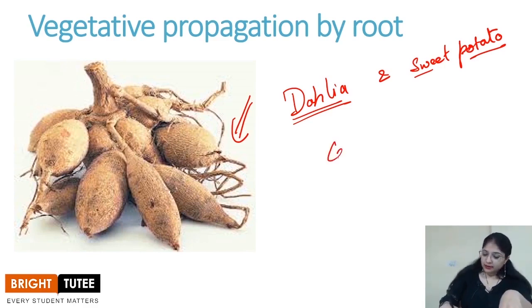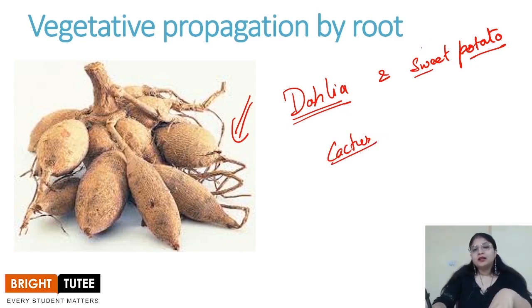In plants like cactus, this is a very special thing, that if a part of the cactus falls on a ground which will help in the growth of the plant, that part will germinate or will start growing into a new plant, right?